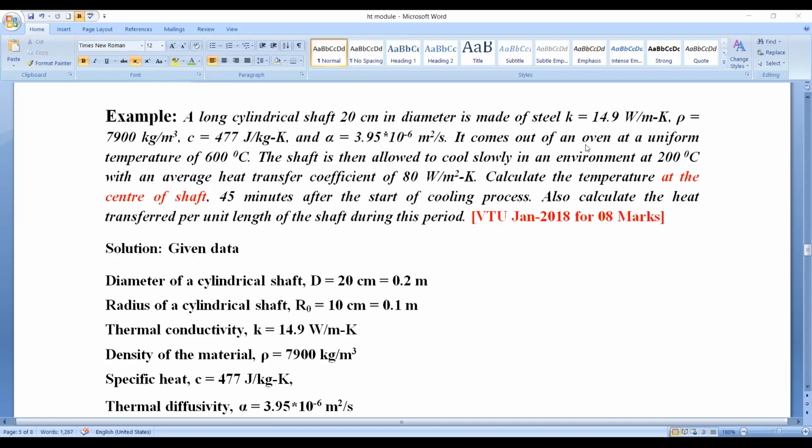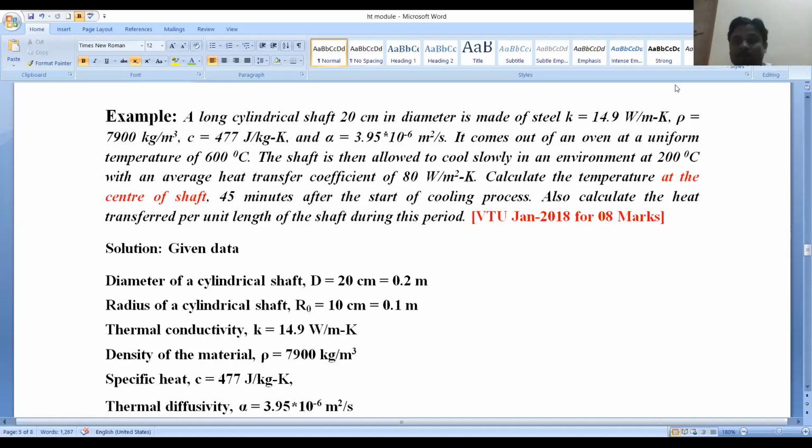It comes out of the oven at a uniform temperature of 600 degrees centigrade.